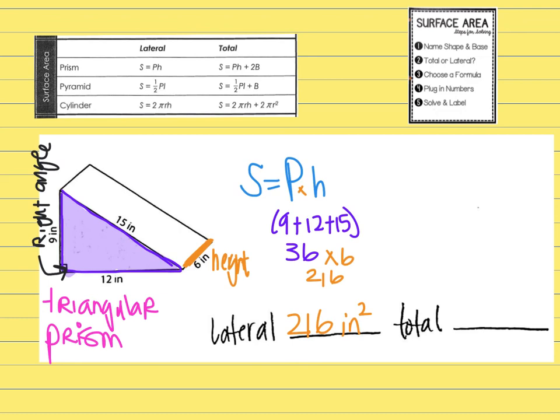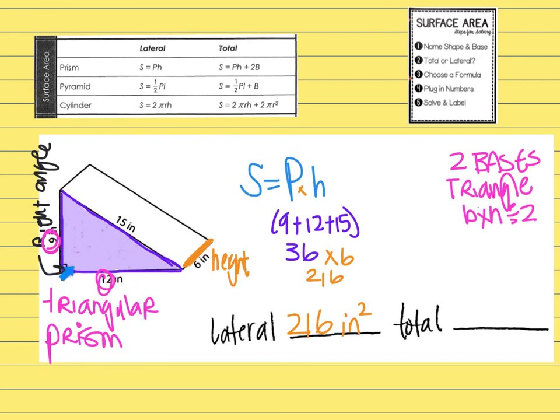All right, so if I need to do 2 bases, and this one is a triangle, the area is base times height divided by 2. And so the numbers that I was pointing to a second ago, this 9 and 12, those are the ones I want to use over here because they are connecting to form this right angle. This is the base and the height of the triangle.